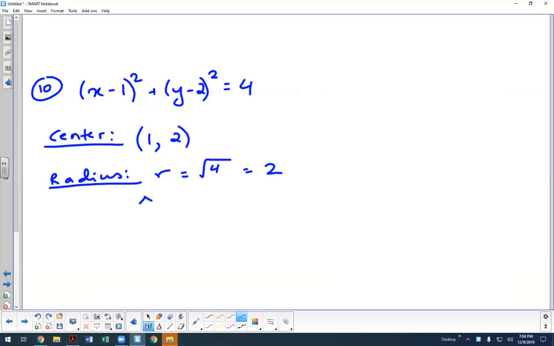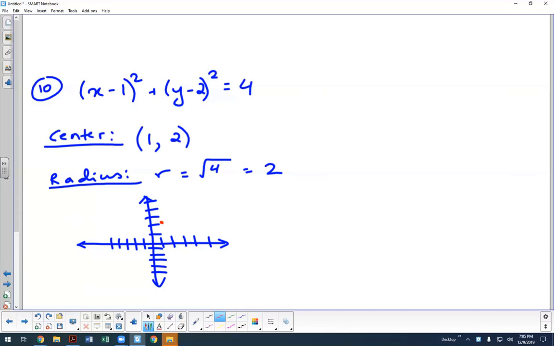So start out by first marking your center. Our center will be at 1 and positive 2, right? And then start counting out 2 units from there.